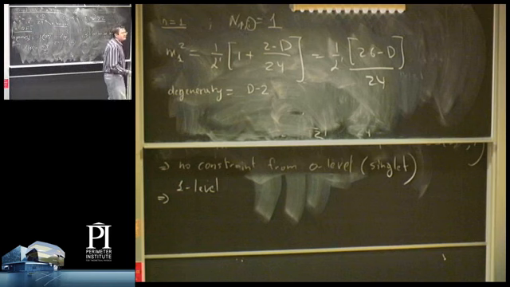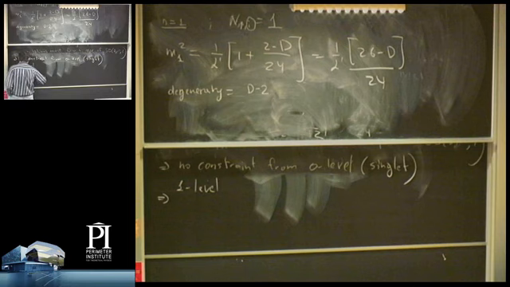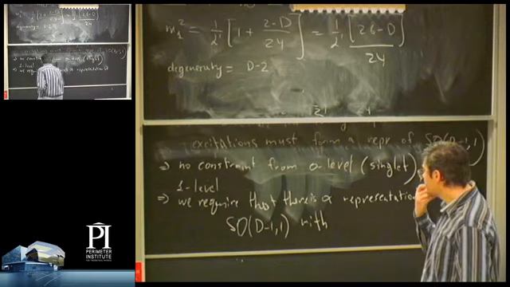And so then we have to require that there is a representation of SO(d minus 1, 1) with dimension.